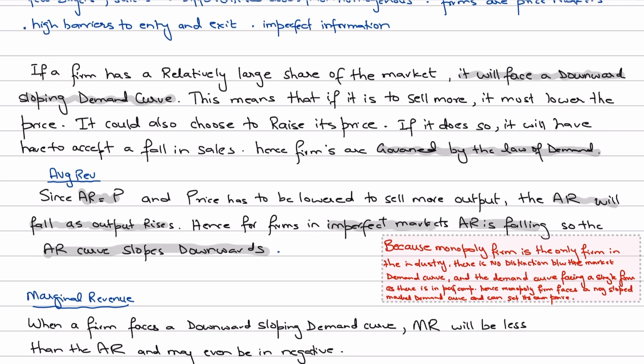So since the price is going down and average revenue is your price, average revenue is falling as the output is rising. So over the range of output, as you sell more output, definitely your average revenue will go down. Which means that firms in imperfect markets have falling average revenues, and their average revenue curve will slope downwards, right?